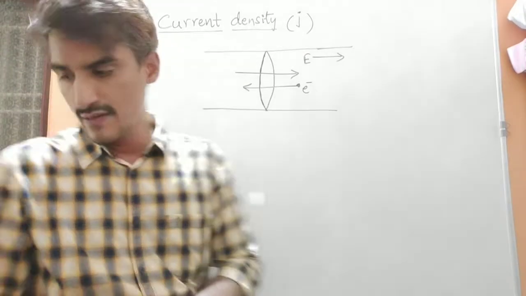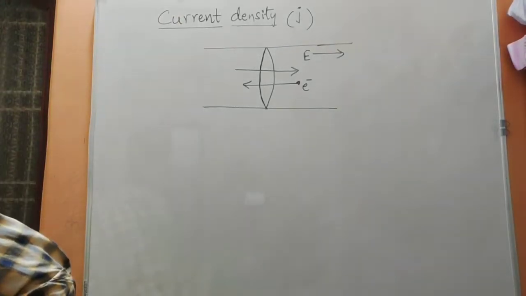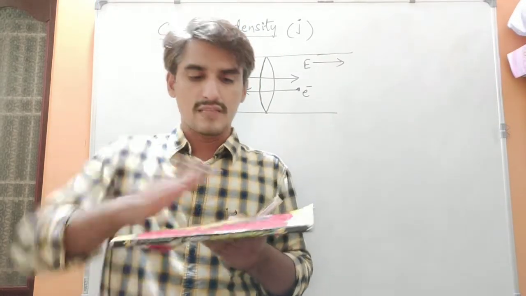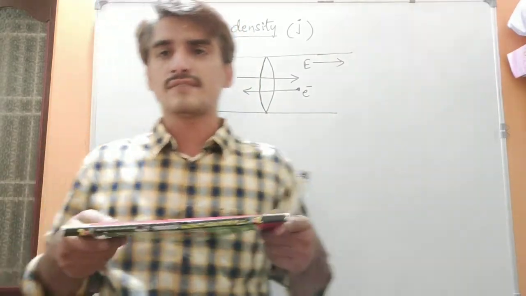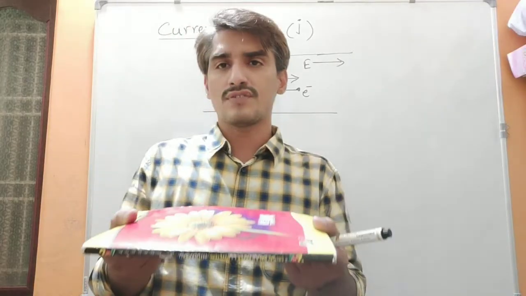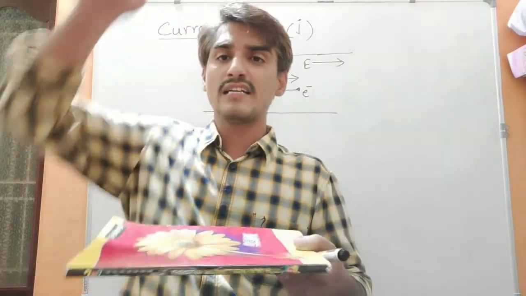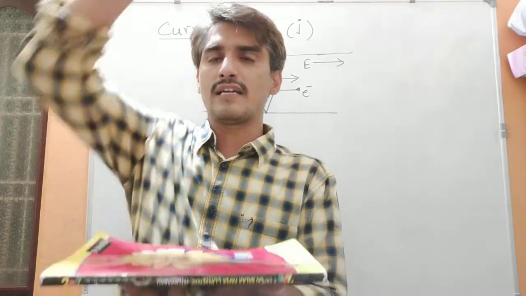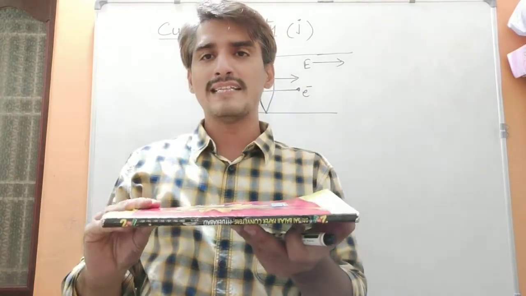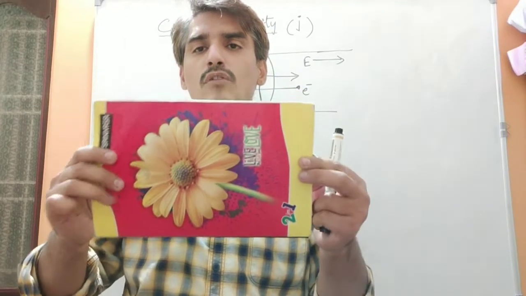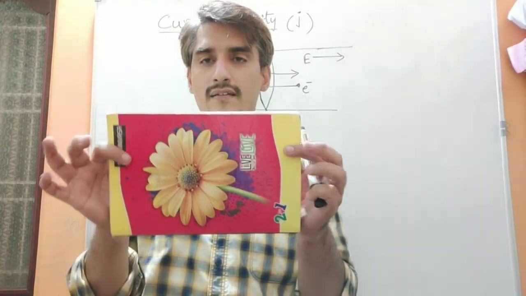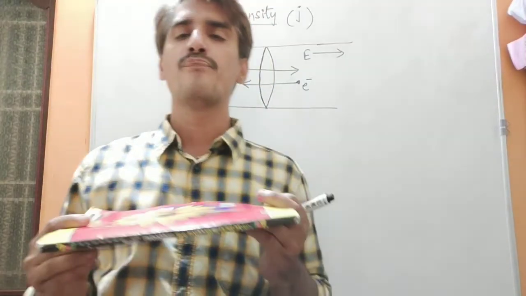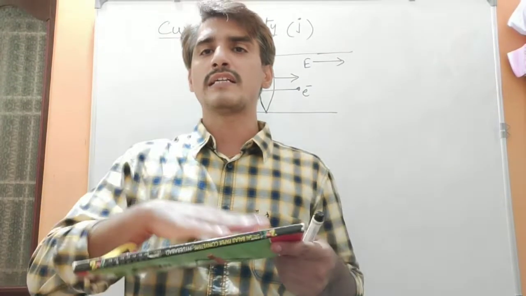For example, if we take an area here like this, this is a book. Now if we keep it outside when rain is falling exactly vertically, and keep the book like this, or like this, means perpendicularly, in which situation can we say that the book is completely wet?